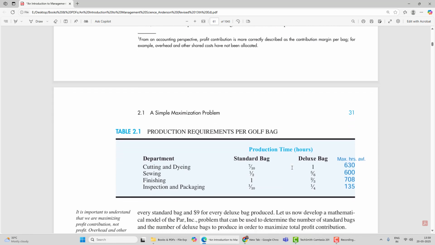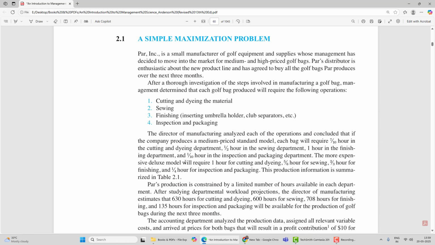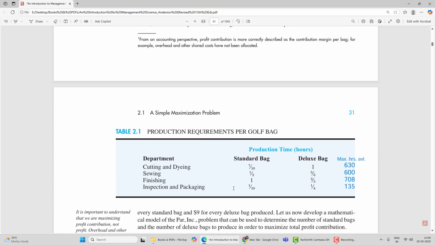I have put everything into this one table. In the exam also, if you are given information in a paragraph, you need to first convert it into a table like this, so that it becomes very easy for you to formulate the equations.